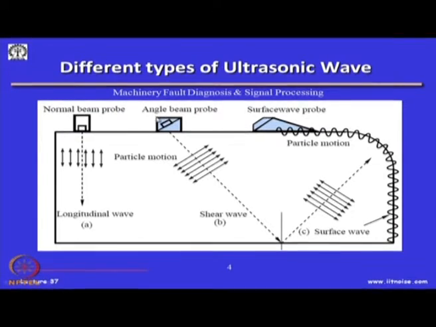Now, if I move this probe along at an angle, this angle could be 45 degrees, 60 degrees, 70 degrees, this is going to produce a shear wave, and this shear wave is going to get reflected out of this area because of this discontinuity, and then we can see if there was a defect in the path, there will be reflection at a different angle. So, this kind of wave can be produced by having an angle beam, or we can reduce the angle, like a total internal reflection, and then this will be almost on this surface. So, we can generate surface waves.